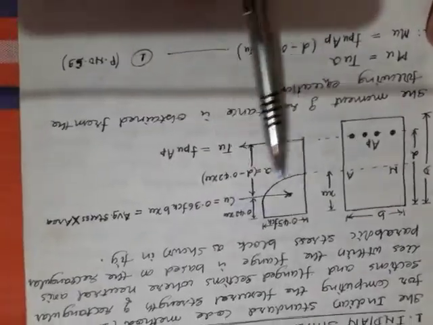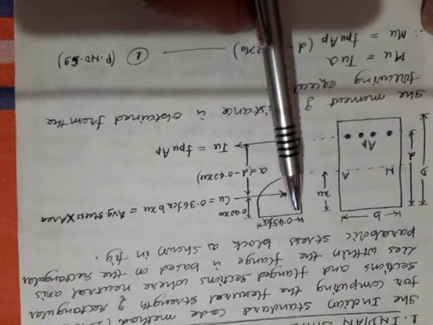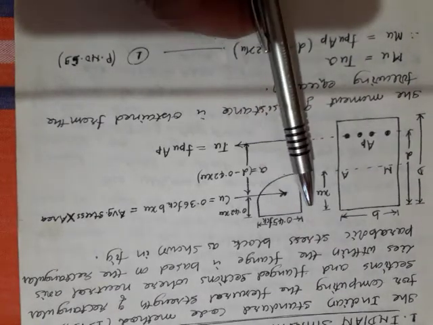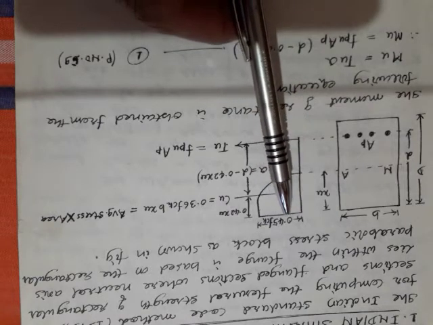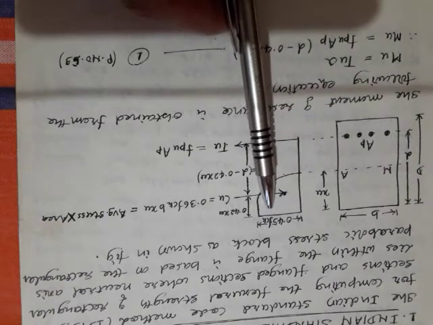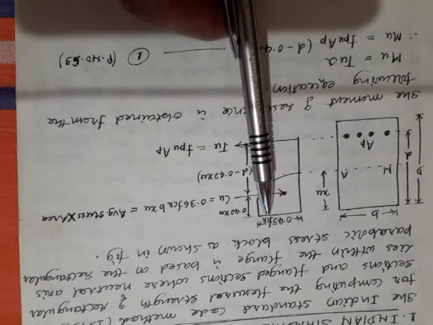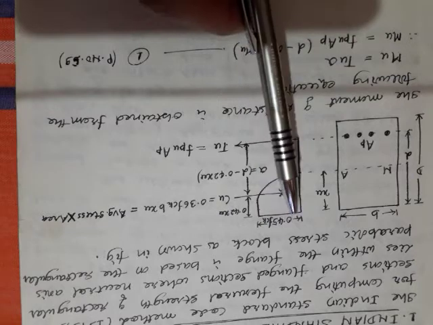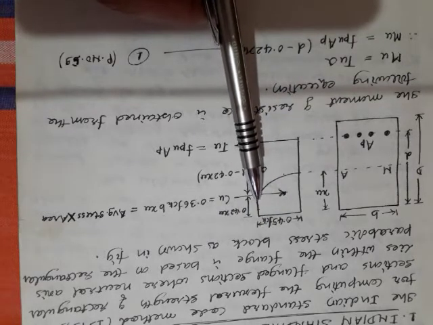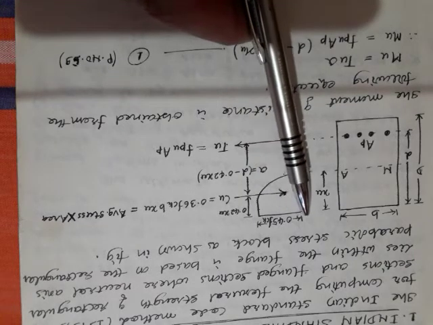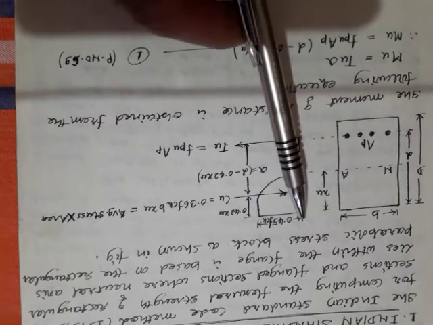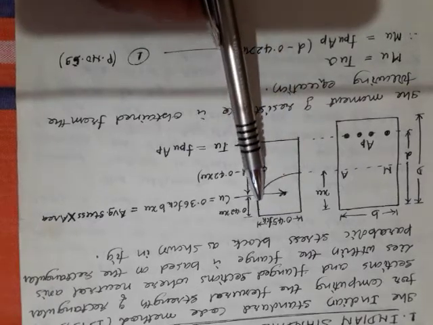Here it assumes the extreme compression fiber will undergo a stress of 0.45 FCK, where FCK is the characteristic compressive strength. The stress block is rectangular up to here, then parabolic from here to here, so it is called a rectangular parabolic stress block.